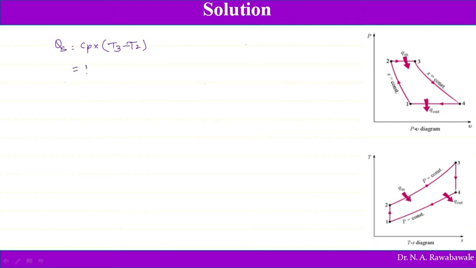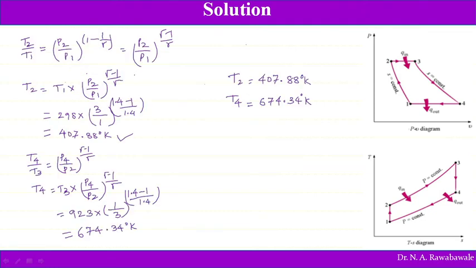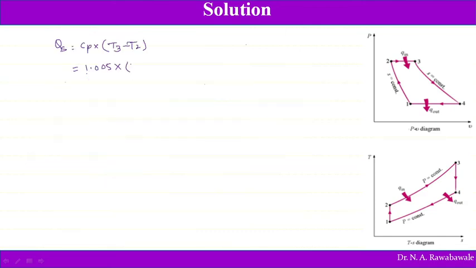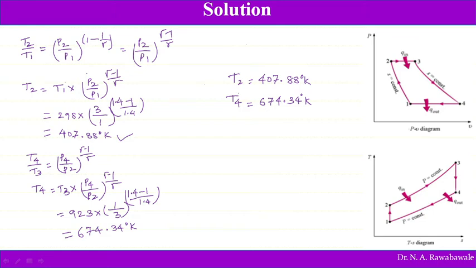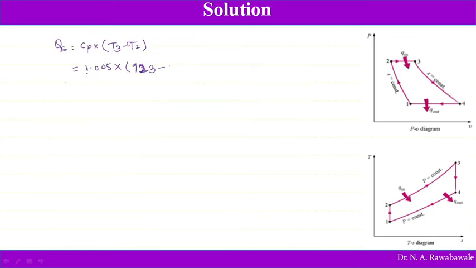So Cp value is 1.005 into T3, temperature 3 is 650 degrees Celsius, or that is 923 degree Kelvin, minus T2, temperature 2 is 407.88 degree Kelvin. So this gives us heat supplied per kg in kilojoules per kg.